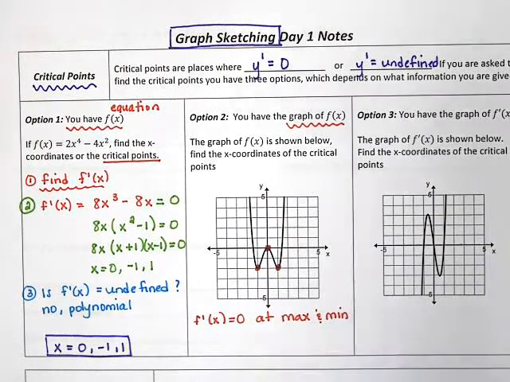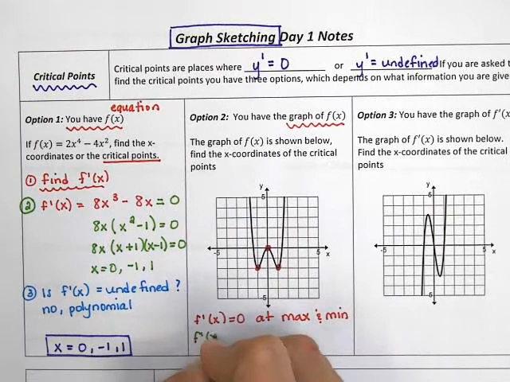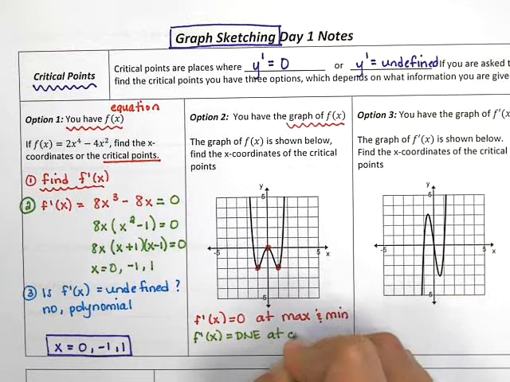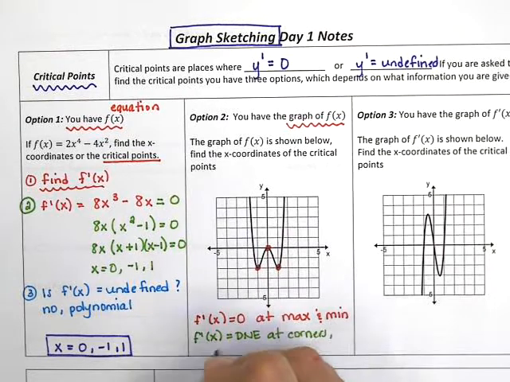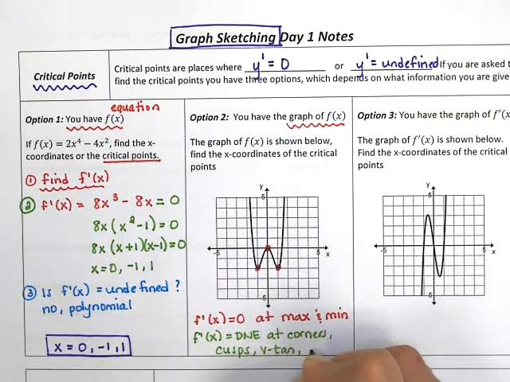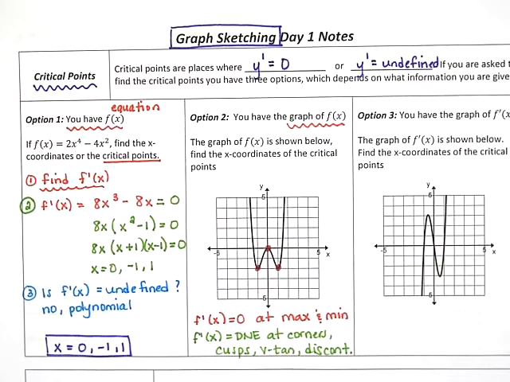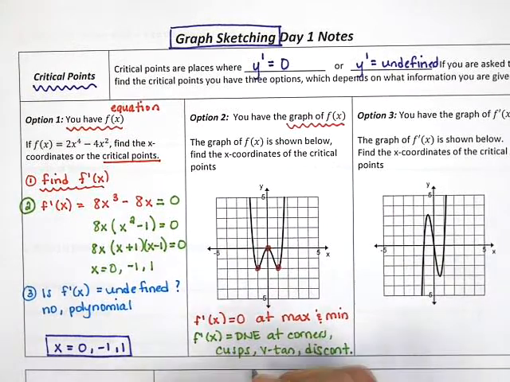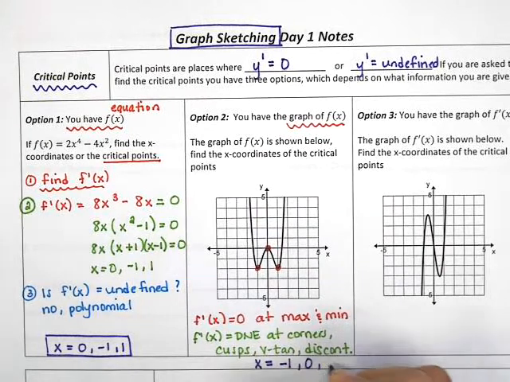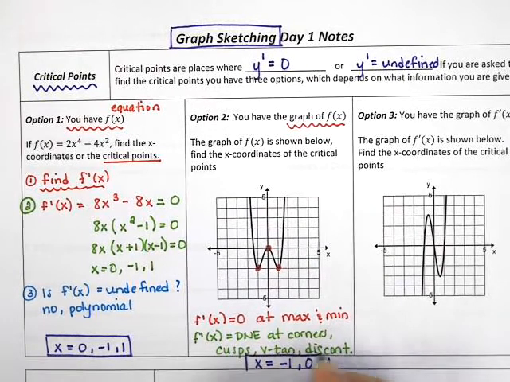If we're looking for places where the derivative is undefined, that would be at corners, cusps, vertical tangents, or discontinuities. Since this graph doesn't have any of those, we wouldn't have to worry about that. Which means in this graph, the final answer would be at x equals -1, at x equals 0, and at x equals +1.